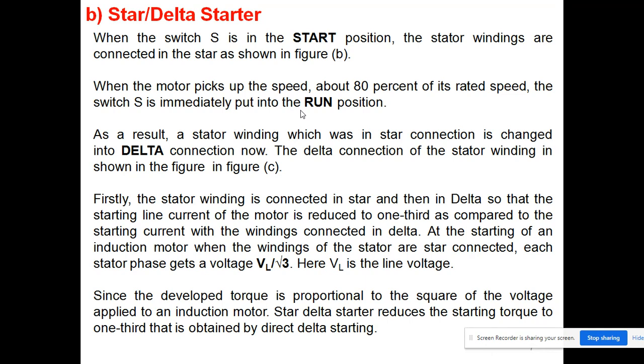In the delta connection the voltage is multiplied by under root 3, and in the star connection the voltage is divided by under root 3. Since the developed torque is proportional to the square of the voltage applied to the induction motor, the star delta starter reduces the starting torque to one third of that obtained by direct delta starting.